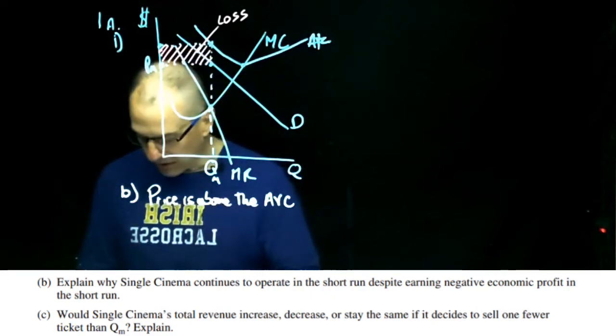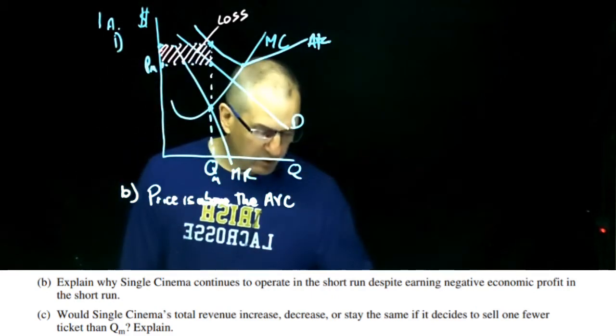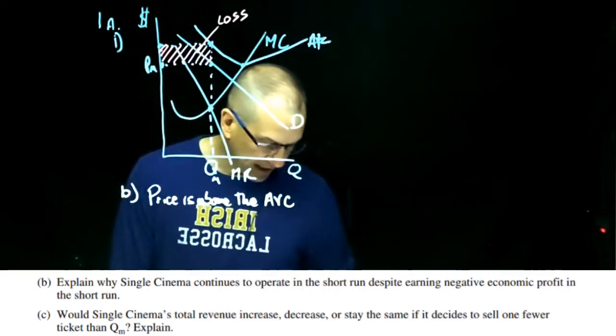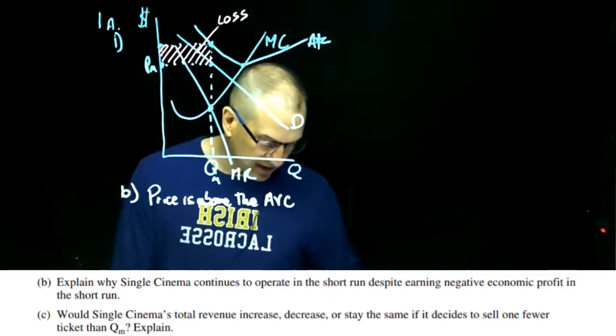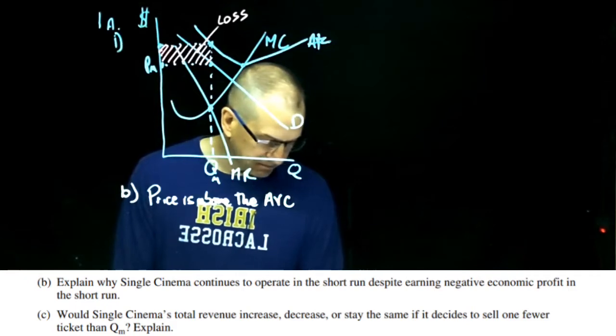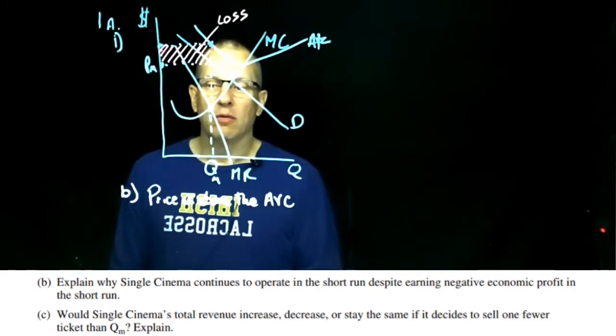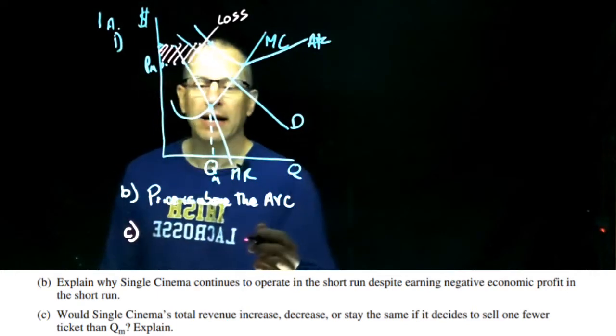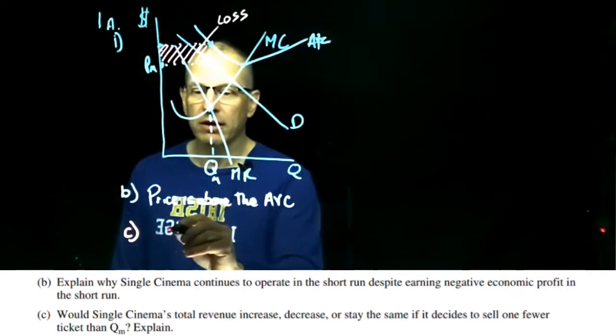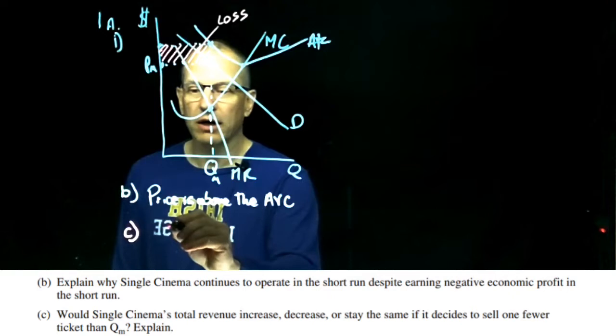All right, so one of the things we want to look at here is what's going to take place. With C, I'm just going to draw the total revenue curve here.